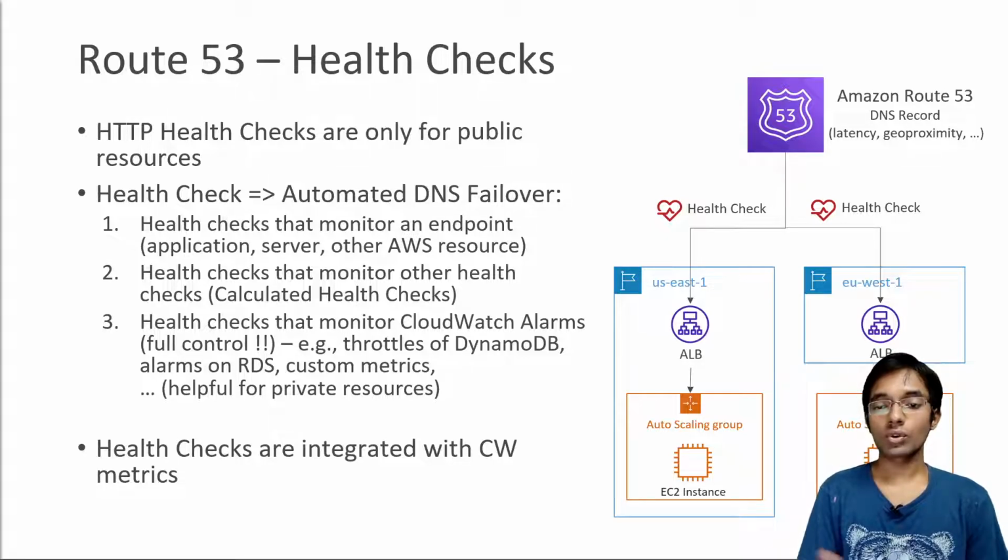You can monitor, for example, DynamoDB throttle alarms, or RDS alarms, or any custom metrics, which is very helpful for private resources. All of these health checks also publish CloudWatch metrics, so if you ever need to see the metrics, you can.